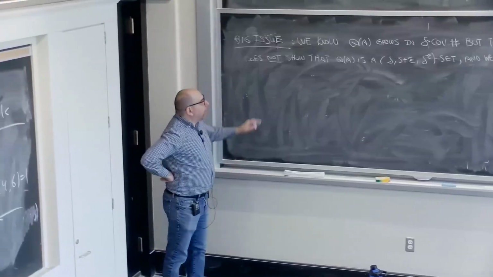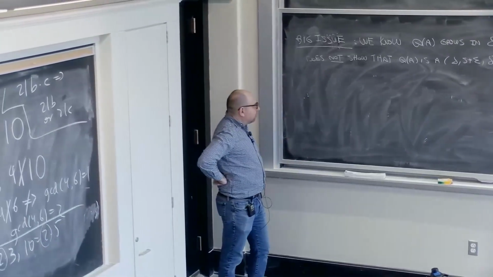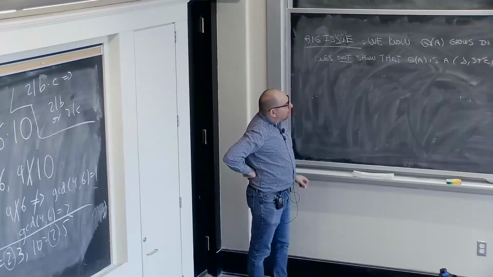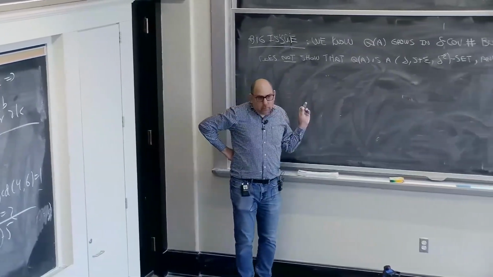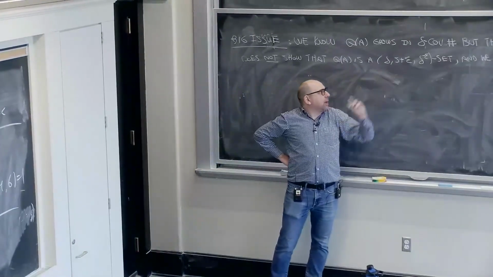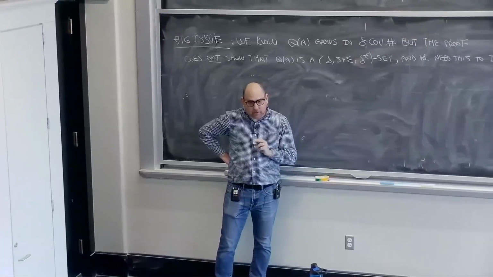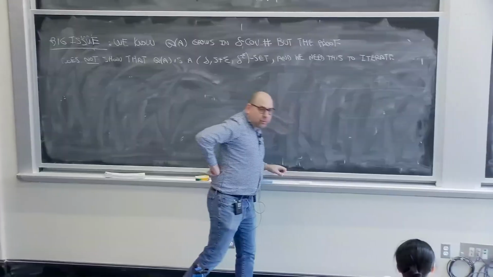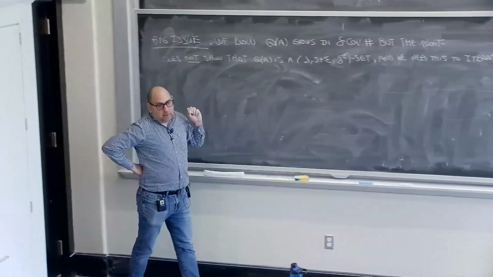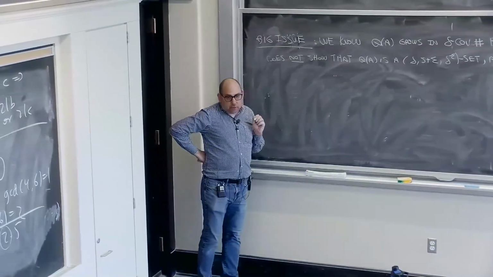OK, so we're going to talk about some of the things we do to overcome this in the next lecture. But let me say that I think, in fact, it is not true that Q of A has to be a delta S plus epsilon delta to the minus epsilon set. It is not even true. But what is true is that Q of A contains a delta S plus epsilon delta to the minus epsilon set.